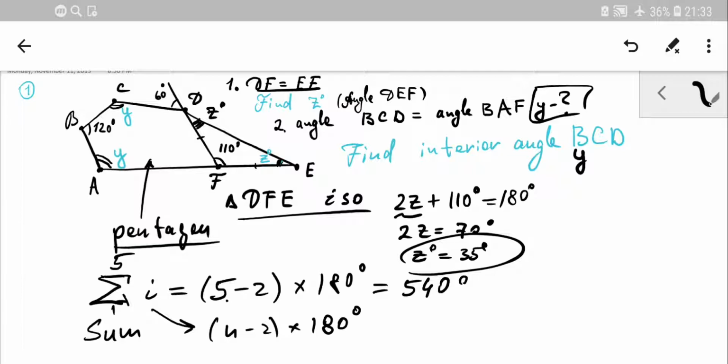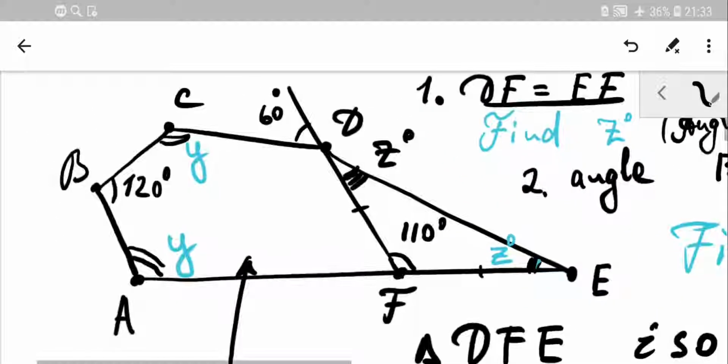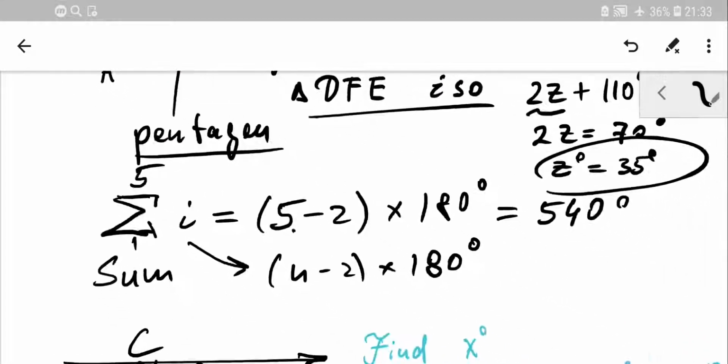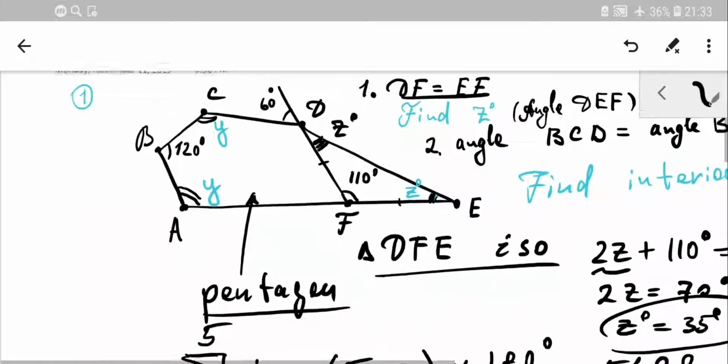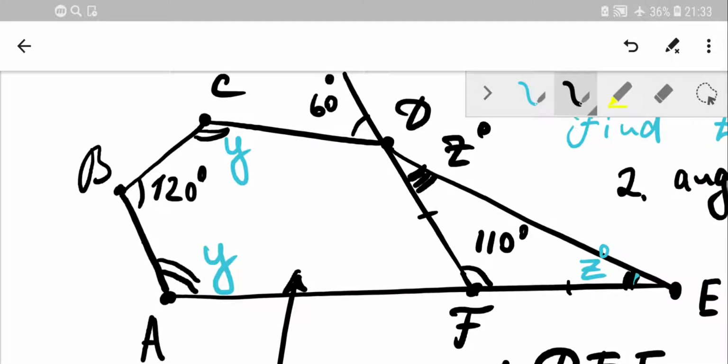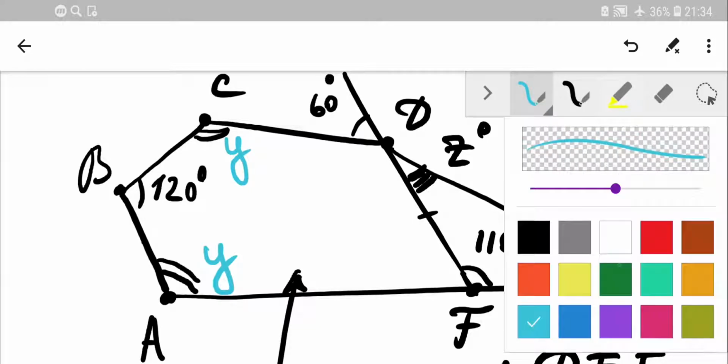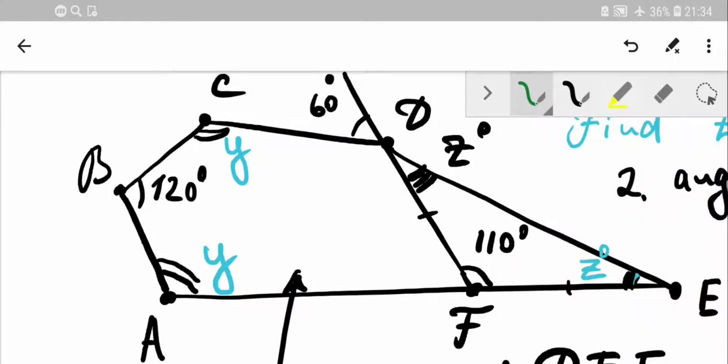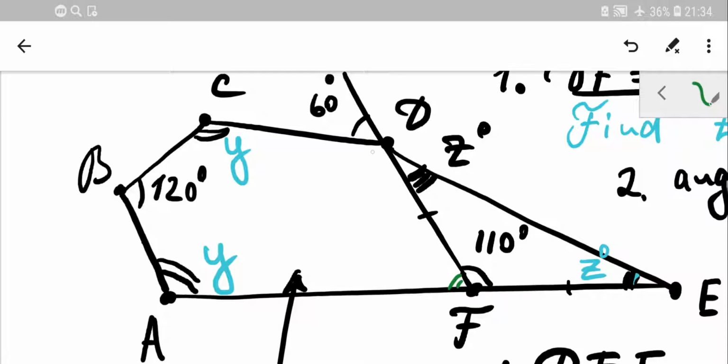Great, now we know the sum of the angles is 540. We will use this fact to sum them up and calculate the total. Let's come back here, because there are several angles we still don't know. Let's mark the angles that we don't know in green. We don't know this angle and 2y, of course.